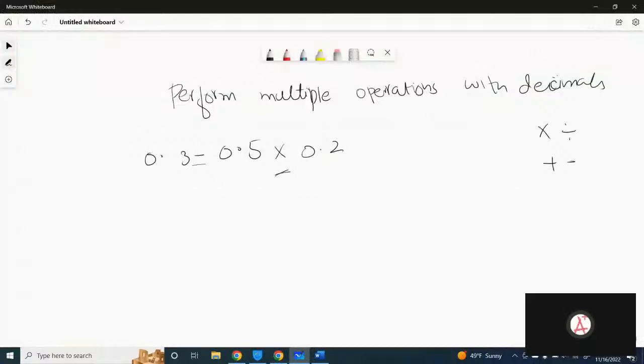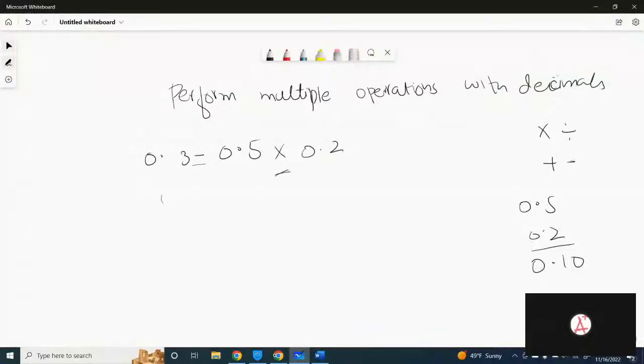Just multiply 0.5 times 0.2. You have to do 0.5 times 0.2. 2 times 5 is 10, so it would be 0.1.